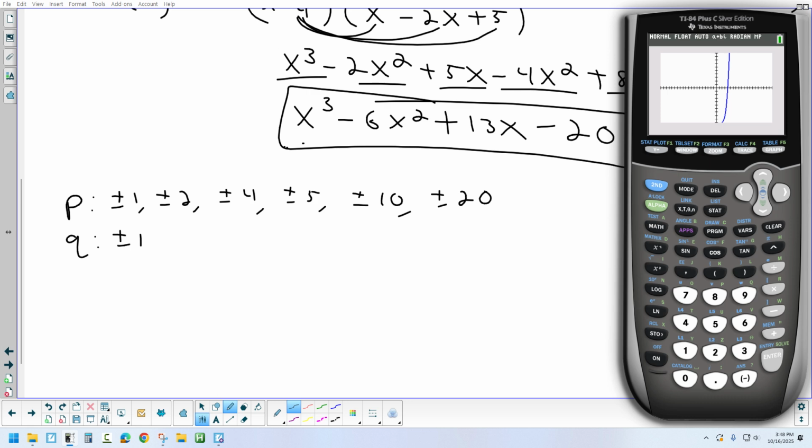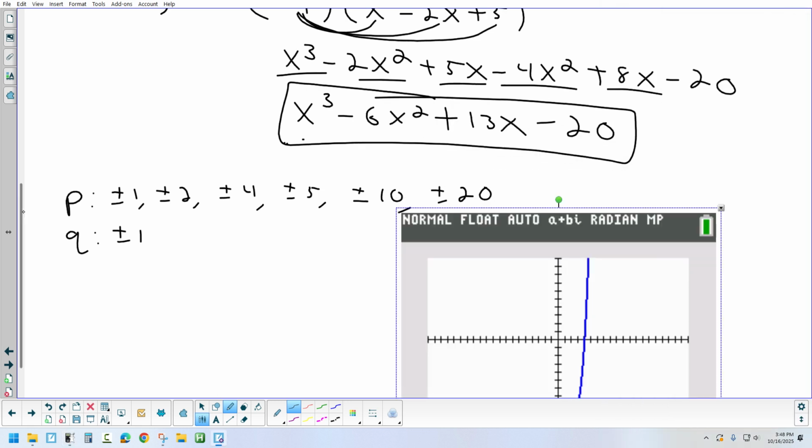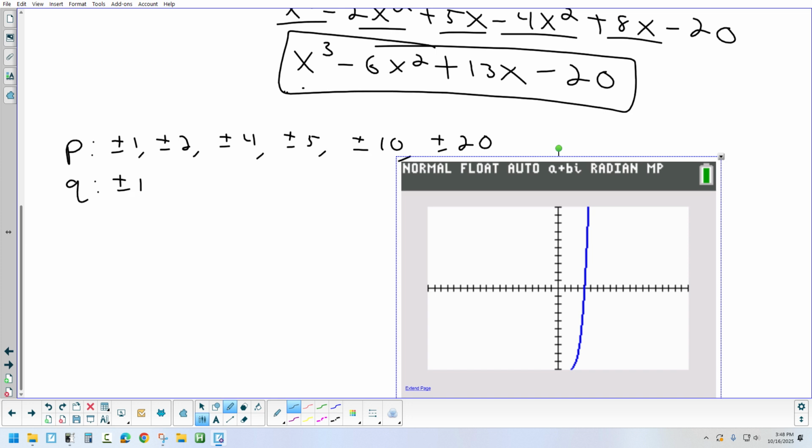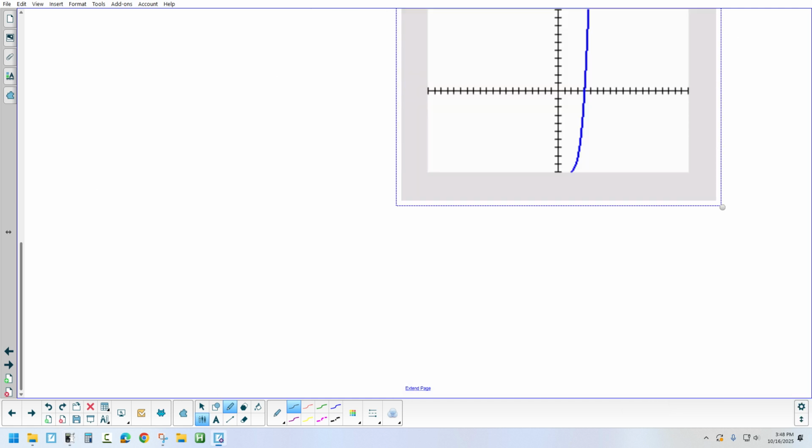Right, so we got something. Where does it look like it crosses the x-axis? Positive 4. So we'll check it. Trace 4. Yep, it crosses at positive 4. So now when we start making our list of roots, we got a 4.